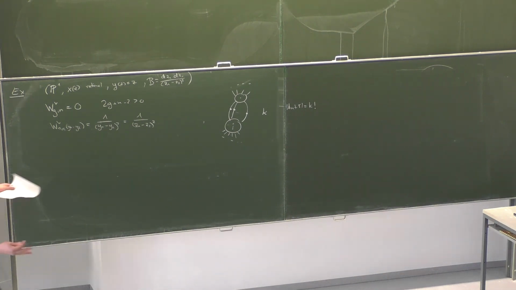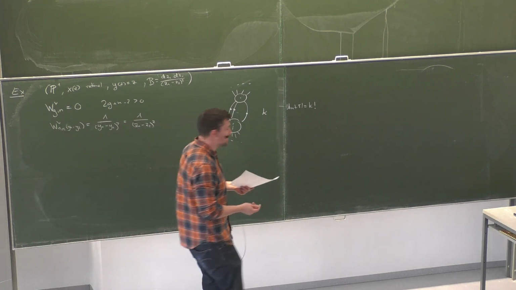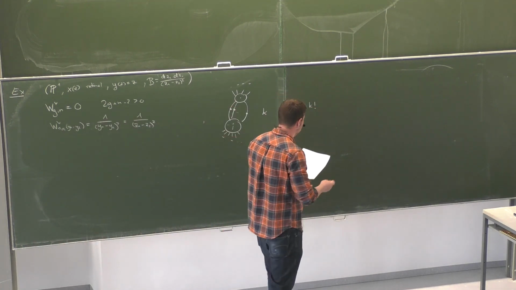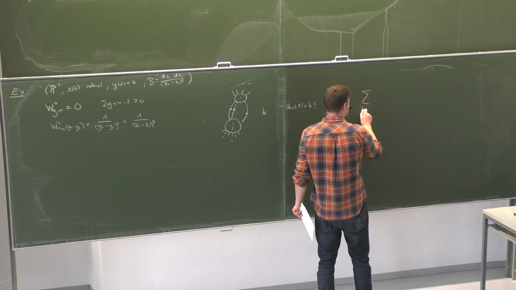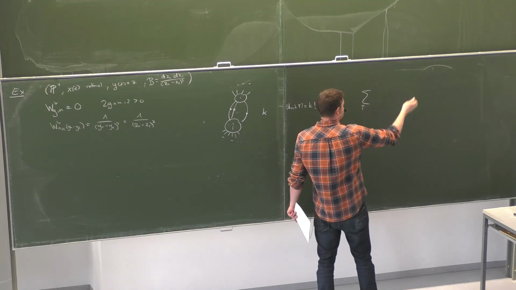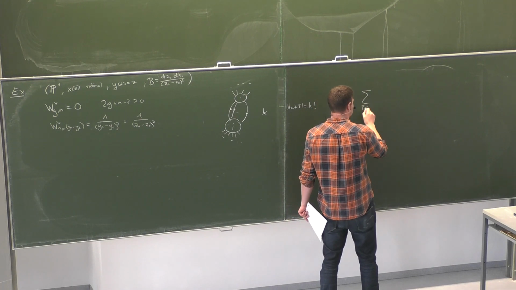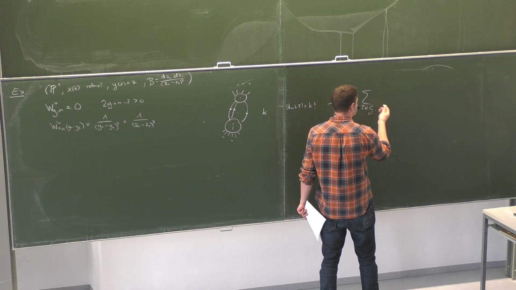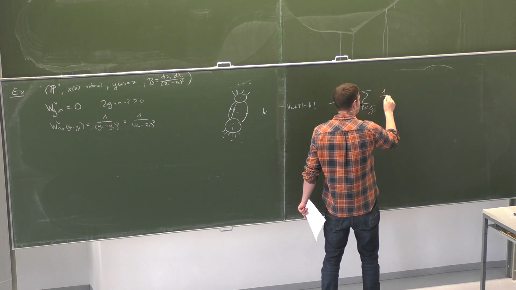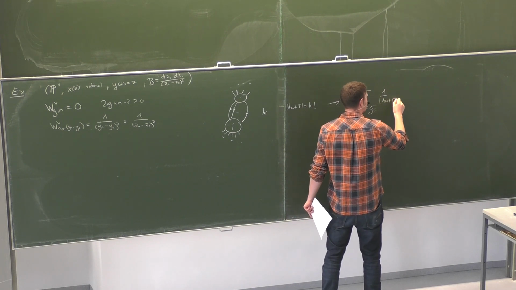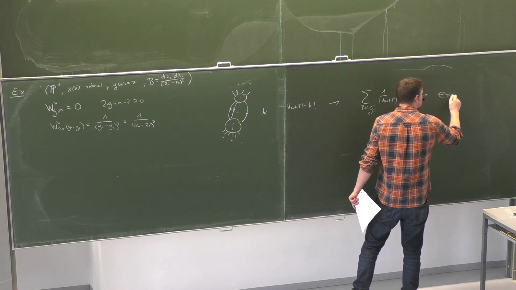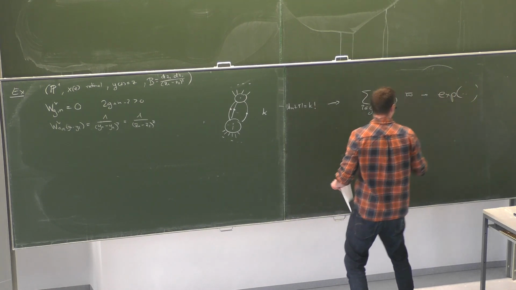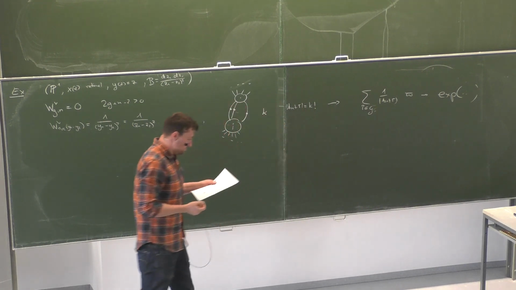It's quite likely that you can sum this up to an exponential. So you have this prefactor 1 over k factorial, and you can actually sum everything up where you have some new set of graphs probably, where you have 1 over the automorphism group of some weights, that you can get like an exponential of this thing.